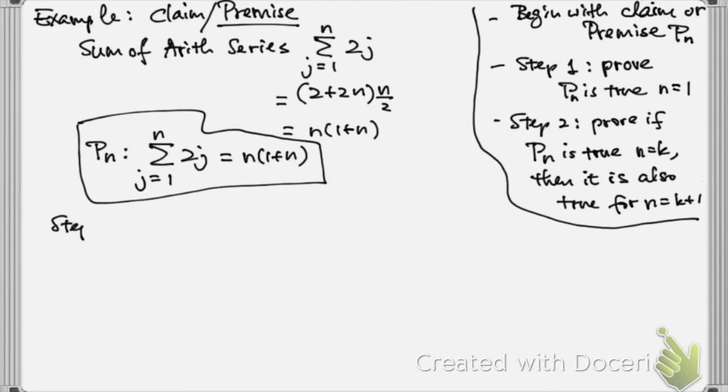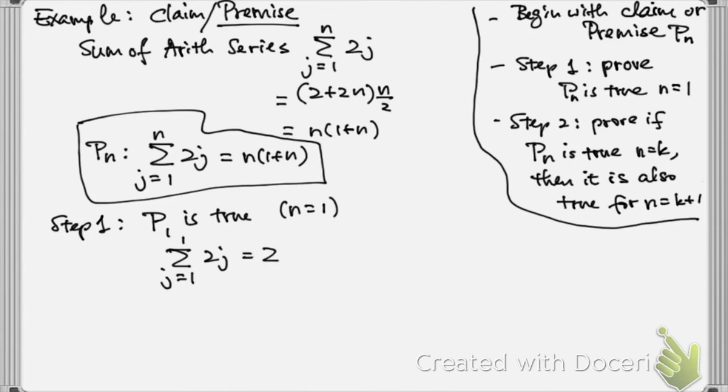So step 1 is to prove that P sub 1 is true. In other words, when n is equal to 1, is it true? Well, let's try. The summation of j from 1 to 1 of 2j is just one term, which gives us 2.